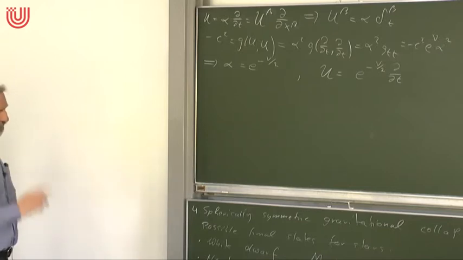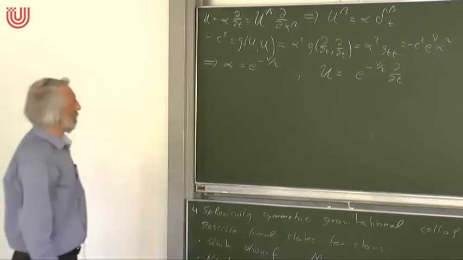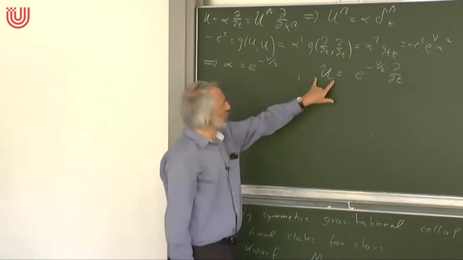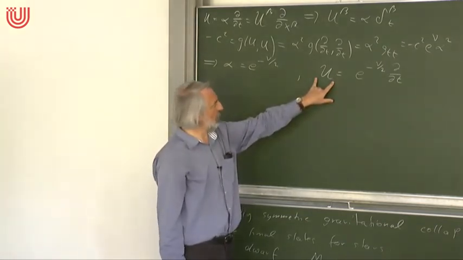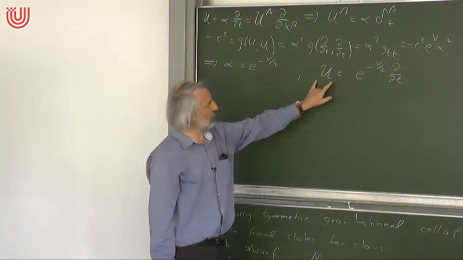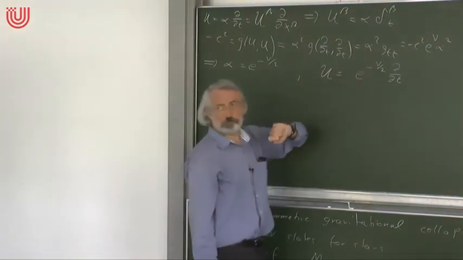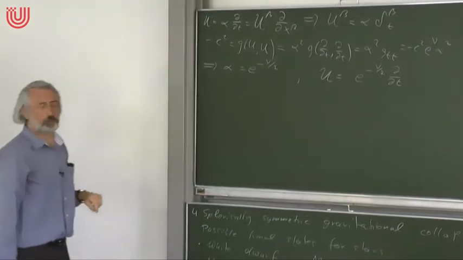But now we have a dust, and a dust moves on geodesics. So this vector field u must be geodesic. And my claim is, I will prove this in a minute, that if this vector field is geodesic, then this coefficient cannot depend on rho. It can depend only on t.